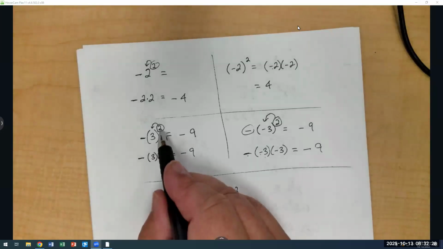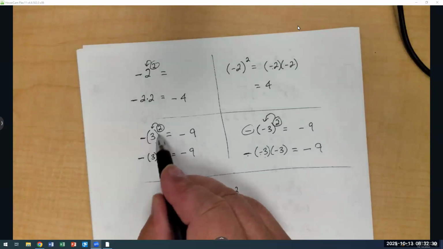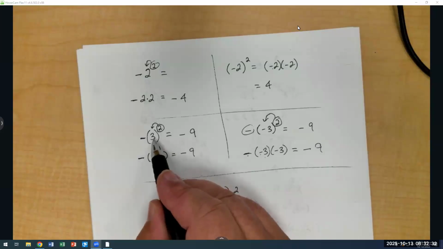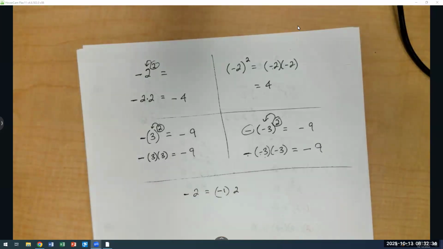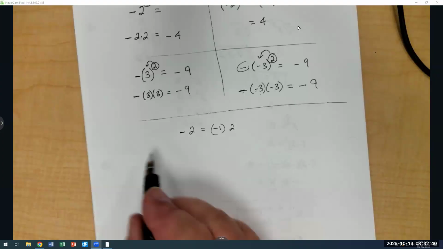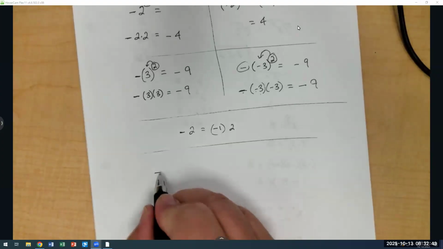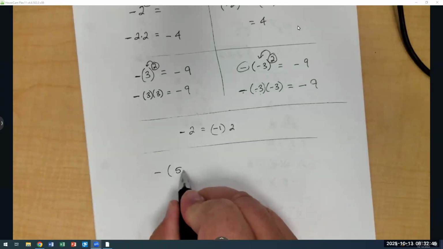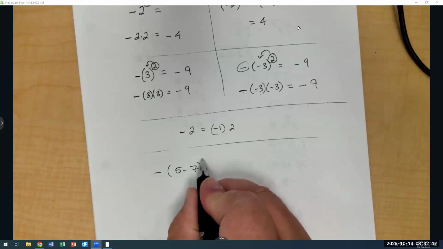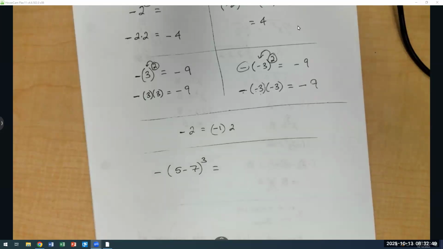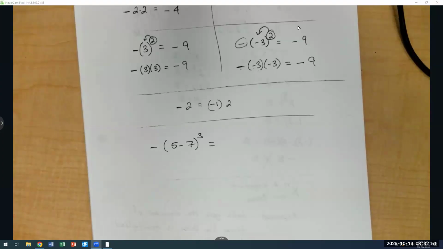So in this one, that 2 belongs to this parenthesis. What's in the parenthesis? Just a 3. So it's 3 times 3. So be very careful when you start looking at these equations. What's that one going to equal?